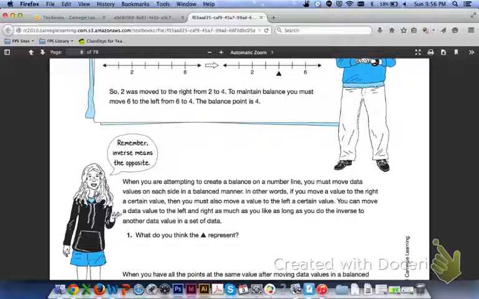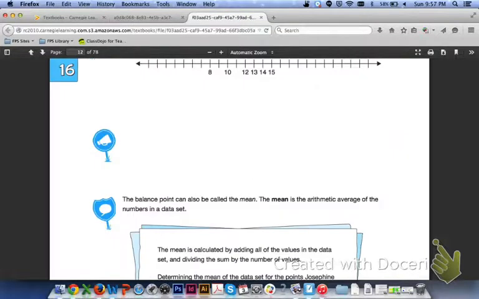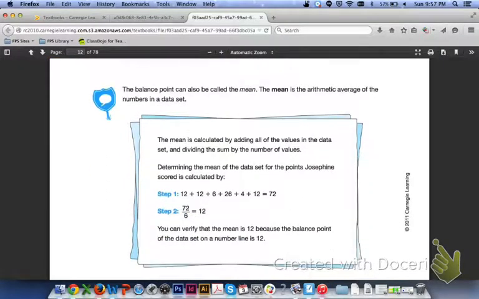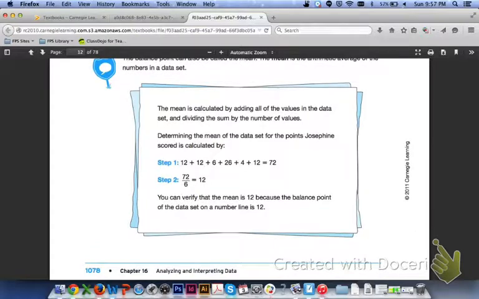This is where I'm going to leave you for today. I'd like you to work through the next couple of pages on balance points, and you'll get into talking about the balance point being defined as a mathematical term as the mean, which I know all of you have heard before.